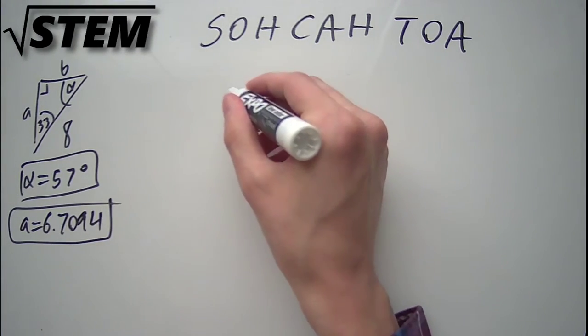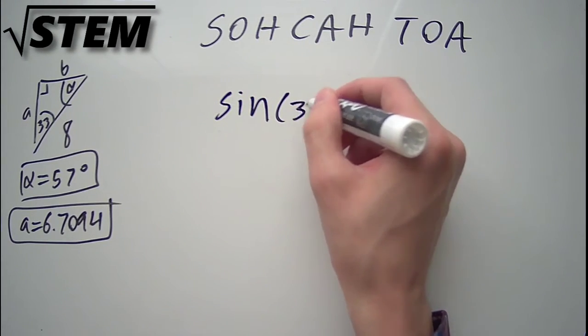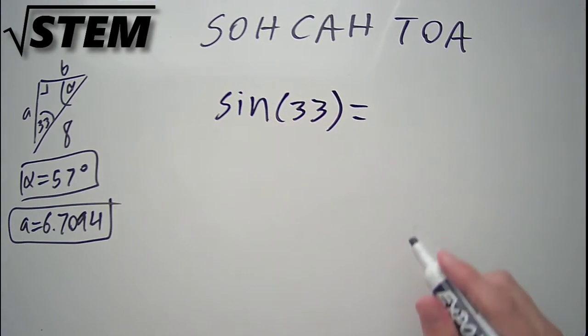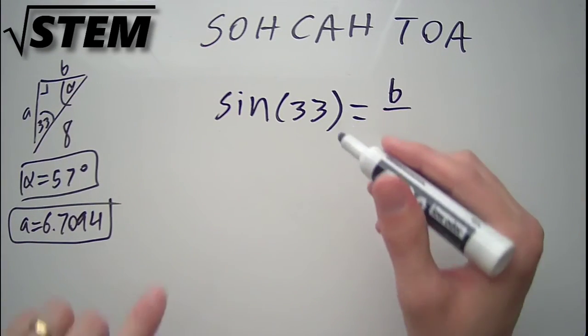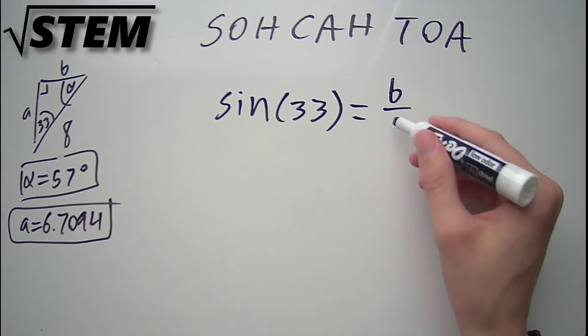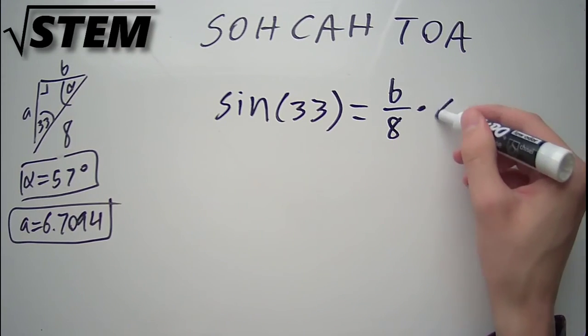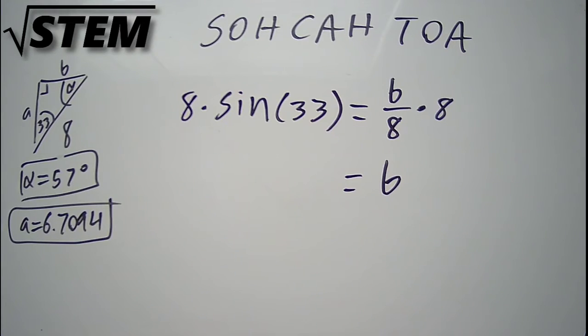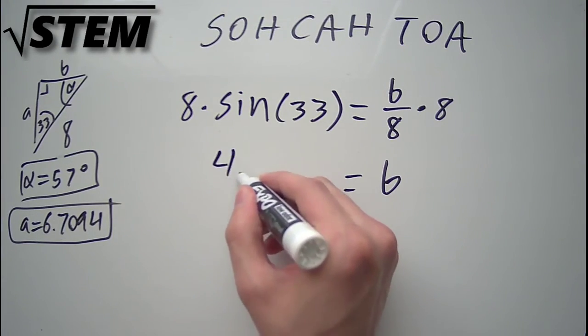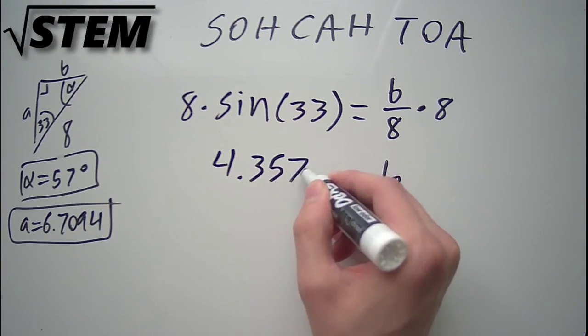So that tells us that sine of 33 is equal to the opposite side, B, over the hypotenuse of 8. And once again, we'll just multiply by 8 on both sides to find that B is equal to 8 times the sine of 33, which is 4.3571.